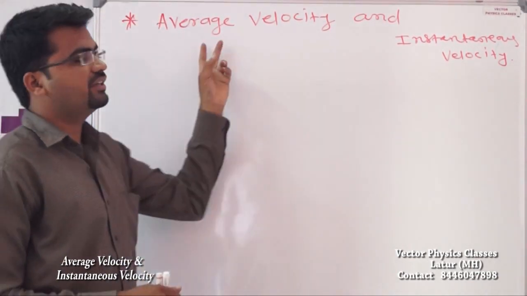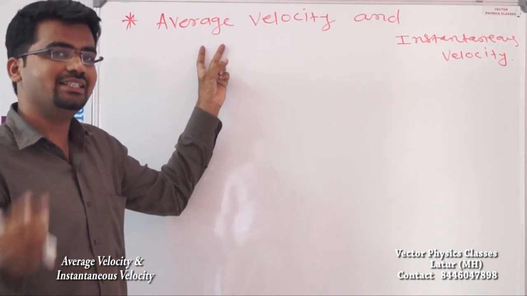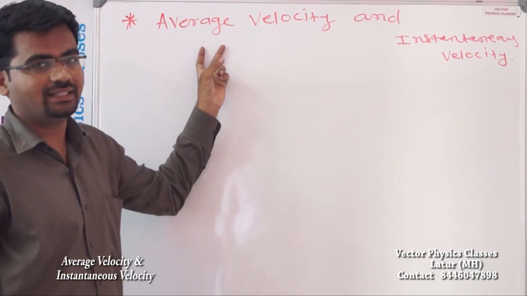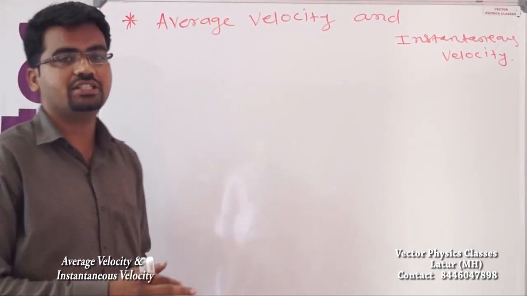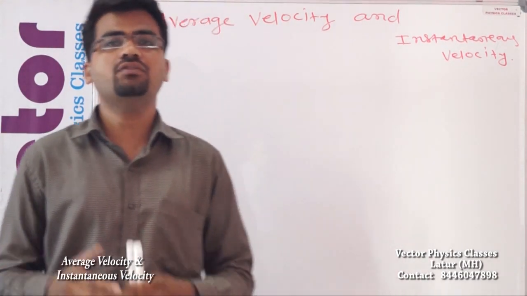So what is average velocity? Like average speed, which is total distance to the total interval of time, average velocity is total displacement to the total interval of time.